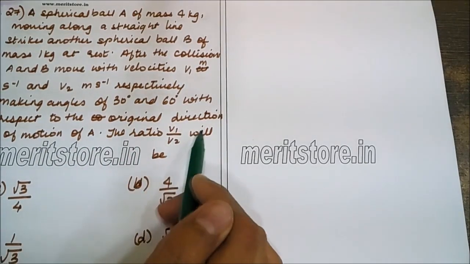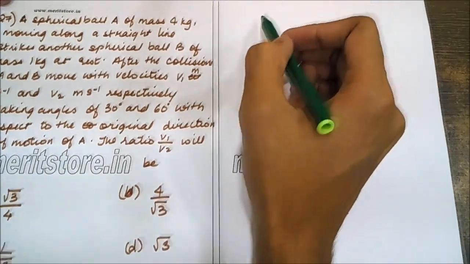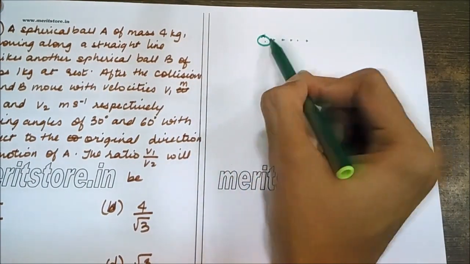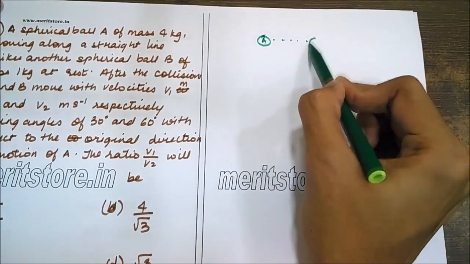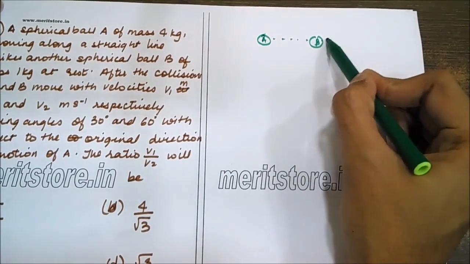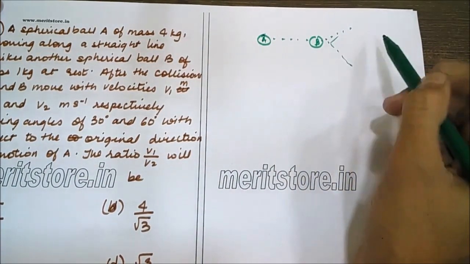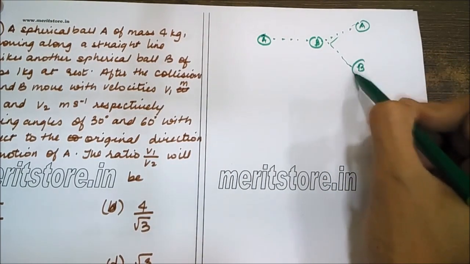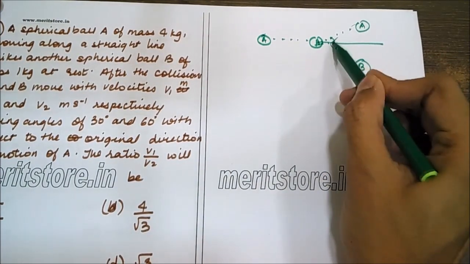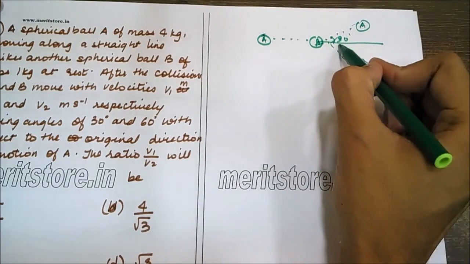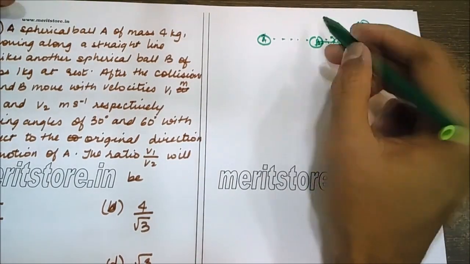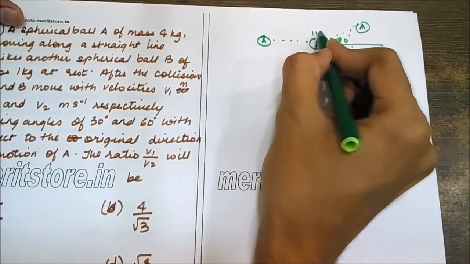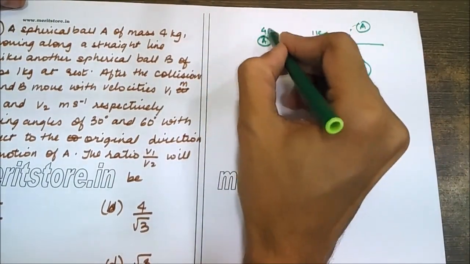The ratio of v1 to v2 will be... The scenario is like this: ball A is going and colliding with another ball B, and then both of them go in different directions. Suppose A goes in this direction and B goes in this direction, forming angles 30 degree and 60 degree with respect to the normal. The mass of B is 1 kg and A is 4 kg.